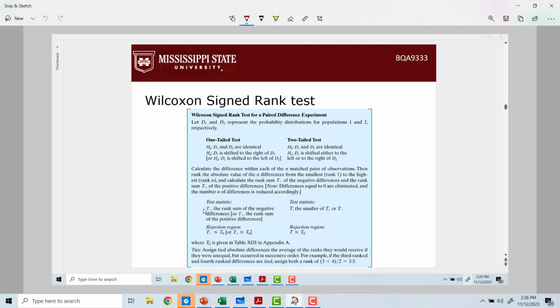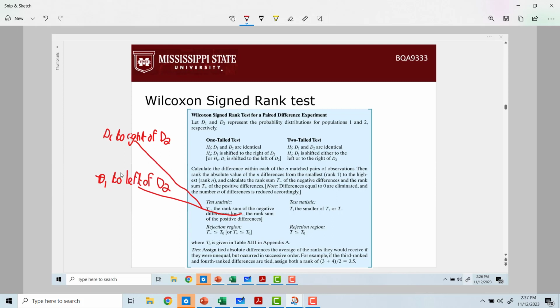So let's just think: T minus is going to be D1 to the right of D2, and T plus is for D1 to the left of D2.